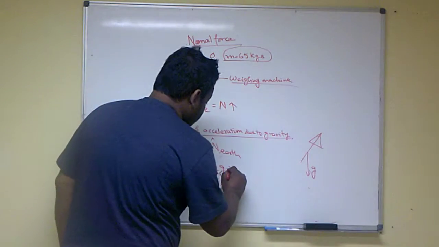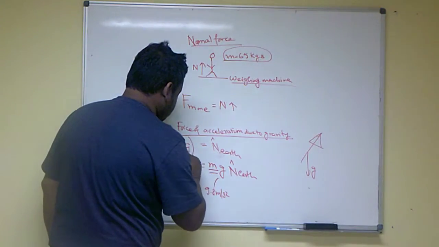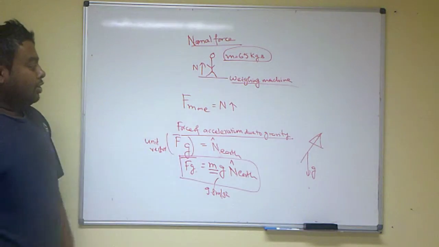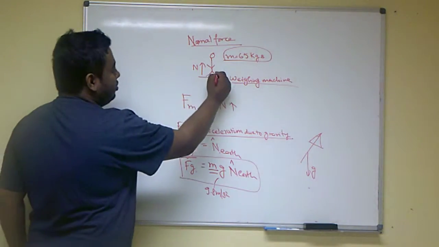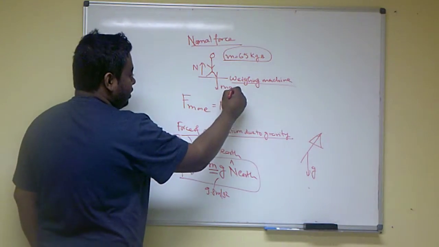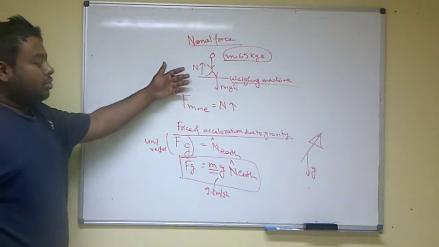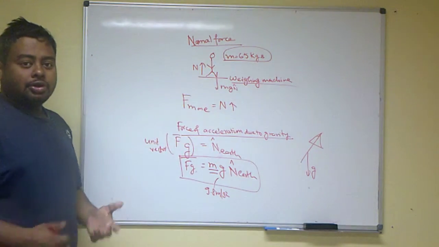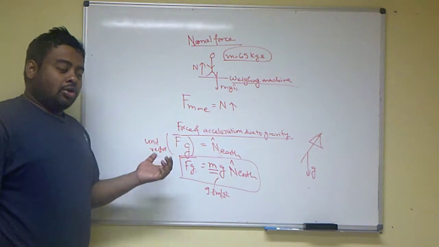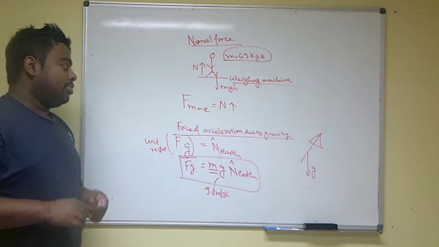So mg n cap earth is your force of acceleration due to gravity. The man will also be exerting a force mg n cap downwards, and then we'll tell you how these forces will equate. That will be another discussion on Newton's laws of motion, not the equations of motion anymore, but the laws of motion.